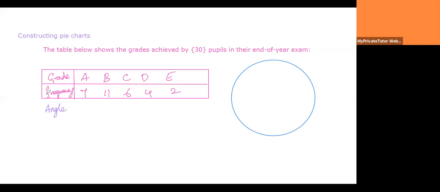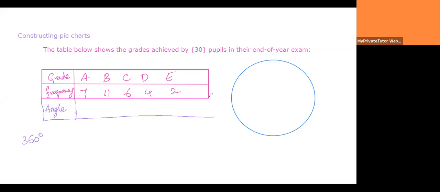So this is what you need to do. This is the question, the complete question that will be given. They will ask you to construct the pie chart. So we need to find the angle because it's a pie chart, it's a circle. How do you find the angle of each one? I hope you know the total angle is 360, which is one complete circle.